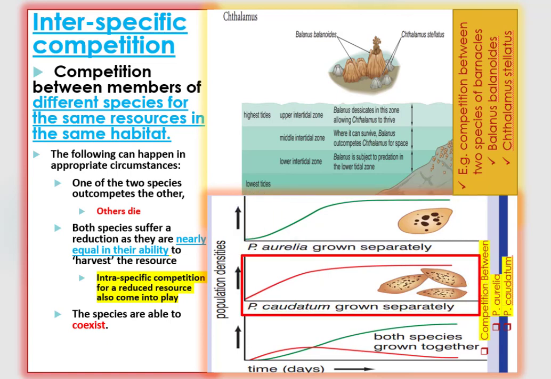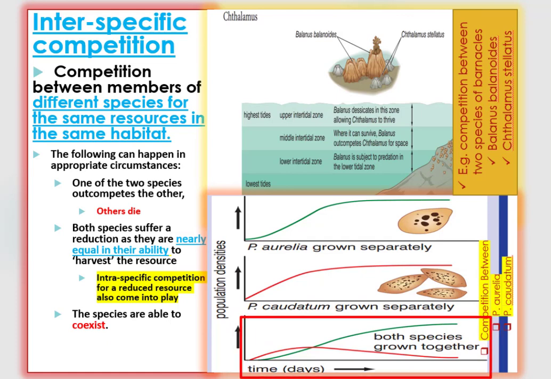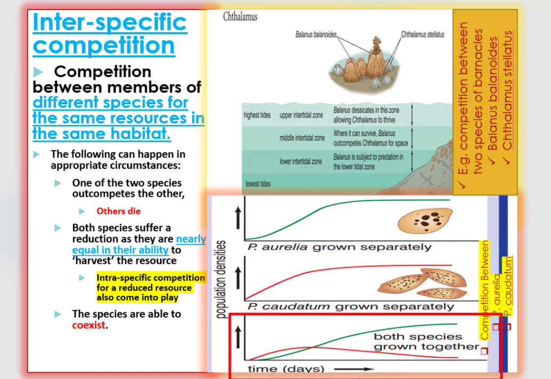As you can see from the graphs in the figure, Gause concluded that if the two species utilize the same resources in the same habitat, Paramecium aurelia totally outcompetes Paramecium caudatum for the same available resources. In this case, Paramecium caudatum becomes locally extinct.